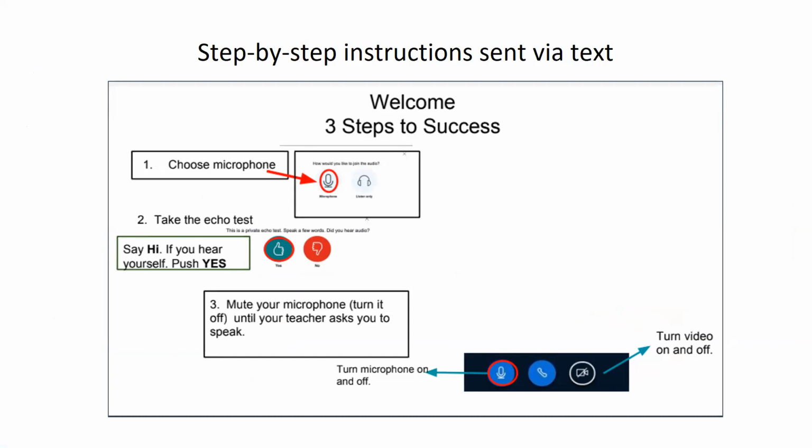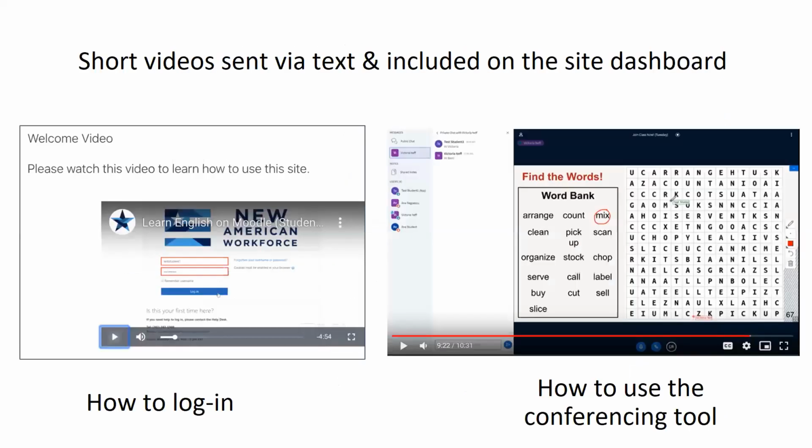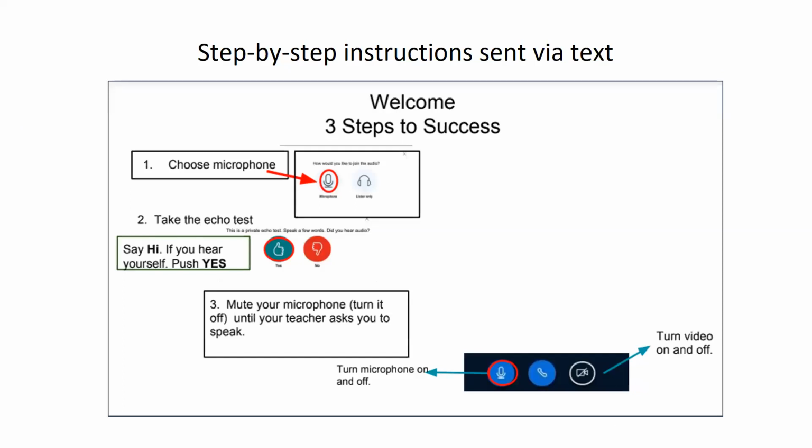Again, the instructions that you'll see here are for the virtual conferencing tool that was used for the 40% face-to-face instruction. As you can see here, 3 steps to success. Here are the things that you need to do to enter the classroom effectively. We also put these steps in the slides, and I'll show that in a little bit.